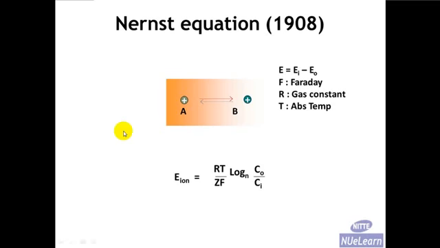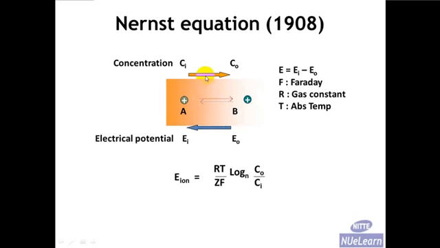In a situation where there is a concentration gradient, so there is a concentration, say Ci on one side and Co, that is inside versus outside, the movement of ions would be determined by this concentration gradient, and then that movement itself would generate an electrical potential which would be in the opposite direction to that of the concentration gradient.